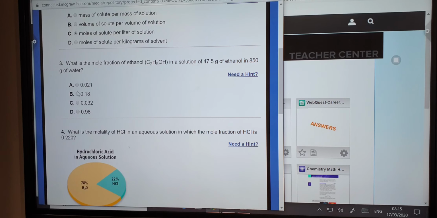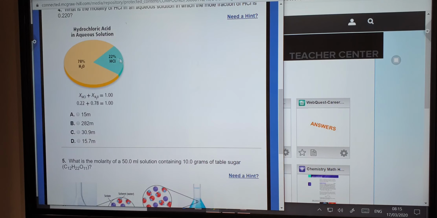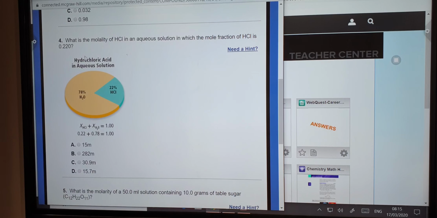You must calculate it. What is the molarity of HCl in aqueous solution? What is the molality of HCl in aqueous solution?